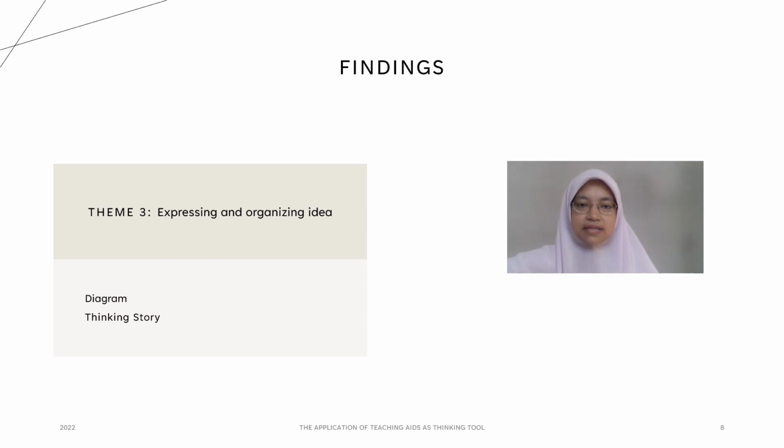And the last theme is expressing and organizing ideas. The use of mind maps, I think, helps students organize, categorize, and give a general idea of the concept or content they were thinking about. And the teacher used a thinking story in the form of a sheet containing a storyline on the topic of marriage.